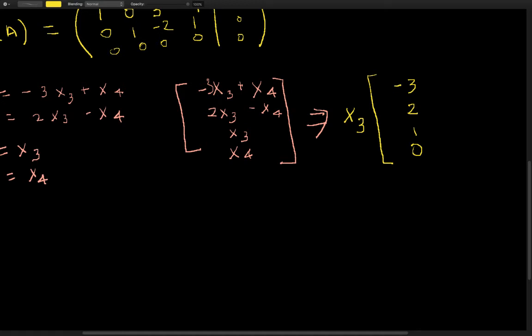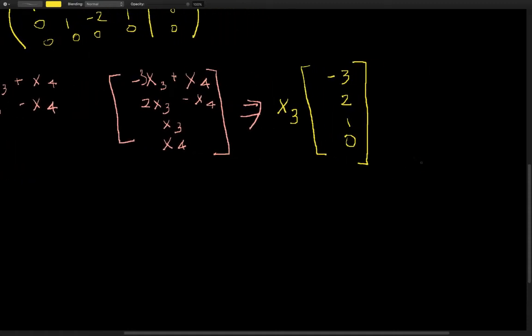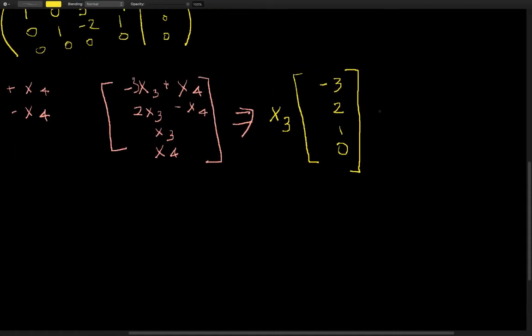So this 3, and then there's no x3s here, so I just put a 0. And then we can add the x4, which will just be 1, negative 1, 0, 1. And there we have it.